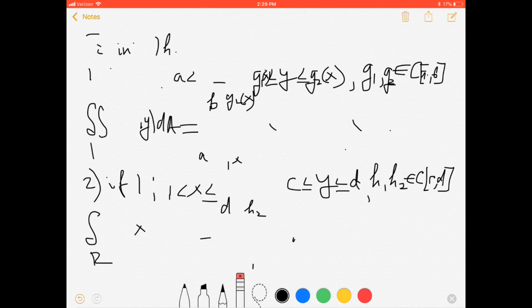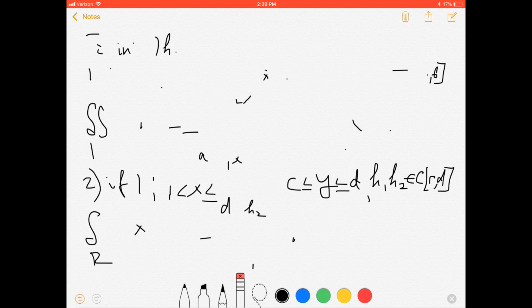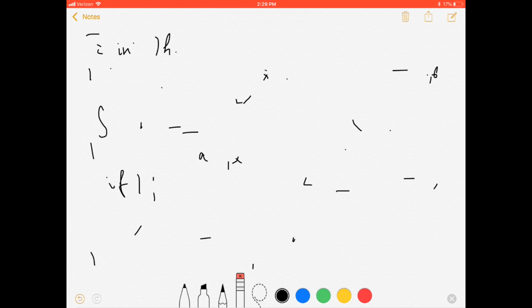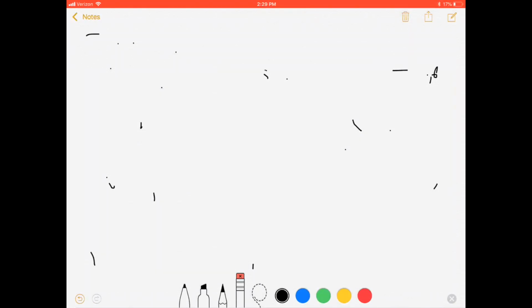Iterated integrals, we know how to count them. This means it's no problem. The problem of solving a double integral is moving to solving an iterated integral.